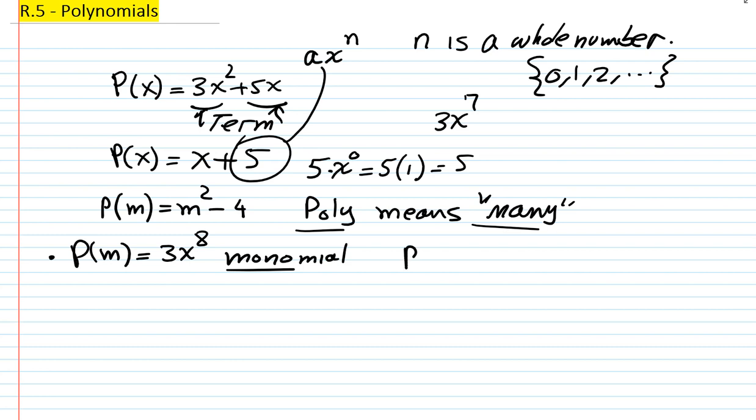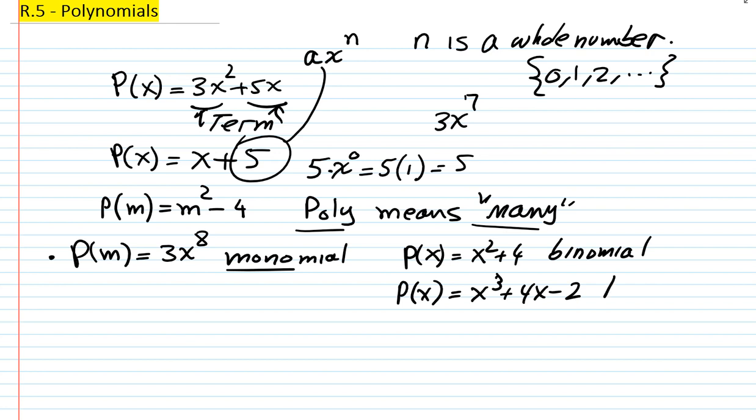If a polynomial, let's say in x, is x squared plus 4, this time the polynomial has two terms, so we call this a binomial, bi meaning two. If the polynomial in x has three terms, like x cubed minus 4x minus 2, this one is called a trinomial.